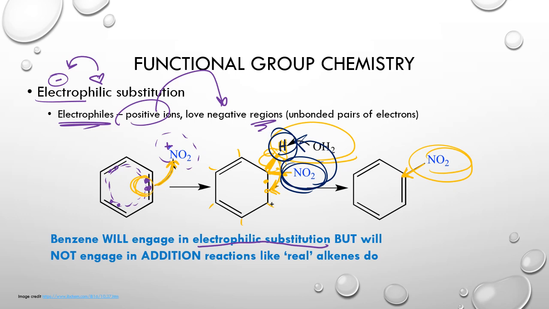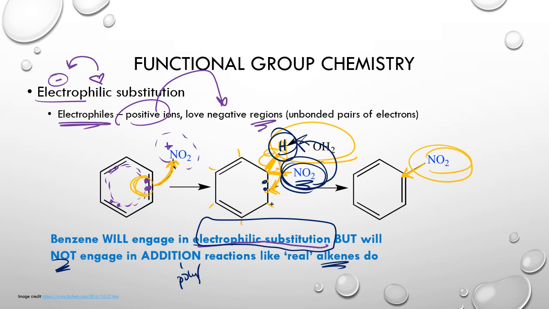And then it's electrophilic because the NO2 was attracted to those delocalized electrons that are in the benzene molecule. So benzene will engage in electrophilic substitution. It will not engage in some of those reactions that alkenes do, so addition and polymerization.